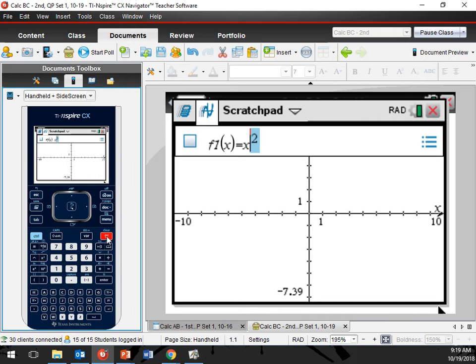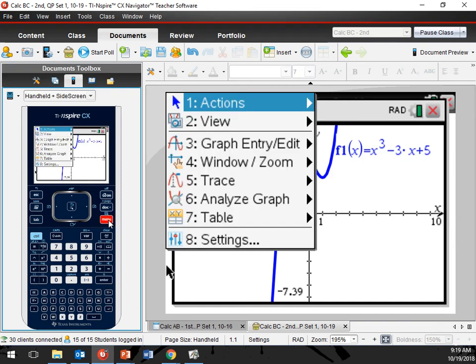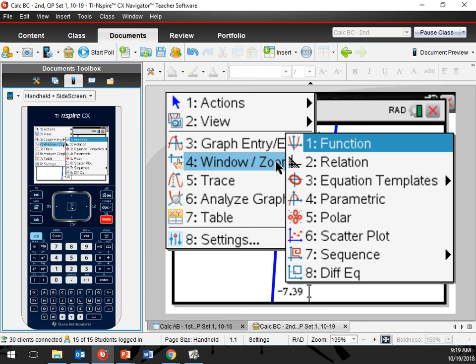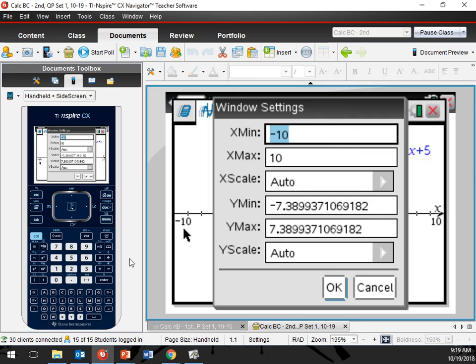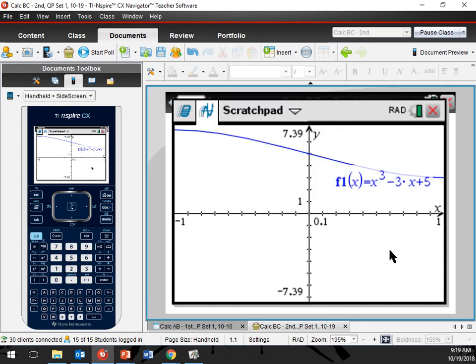Minus 3x plus 5. Okay, let's look at my window. So menu, window. And I'm only going to be looking at from -1 to 1, right? Yeah. Okay, so I'm setting that up.